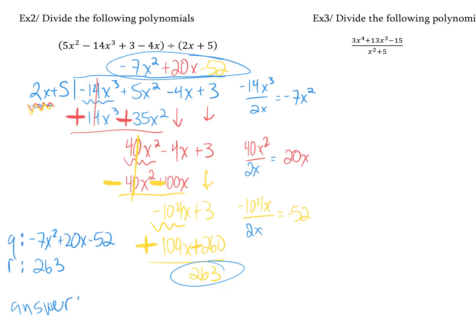So the answer, if we combine everything together, if the direction is just divide, then the answer here will be the quotient. So it's minus 7x squared plus 20x minus 52 plus the remainder, 263, all over the divisor.